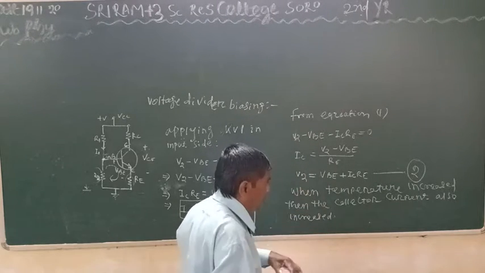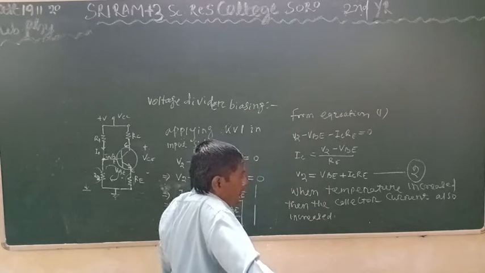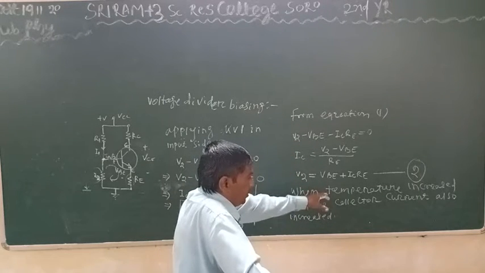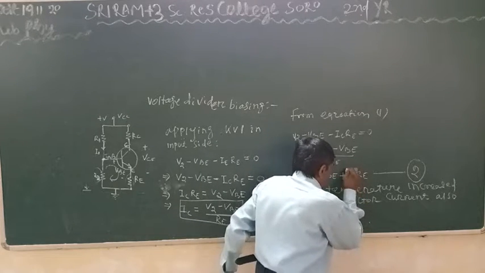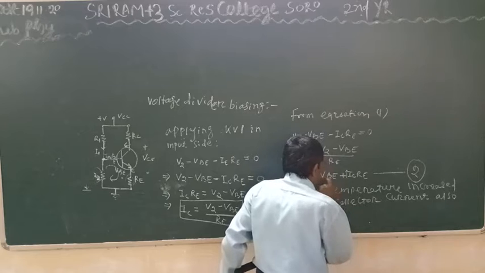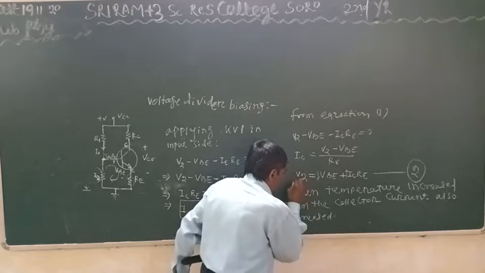Now when the collector current increased, then VBE decreased, because V2 is fixed.